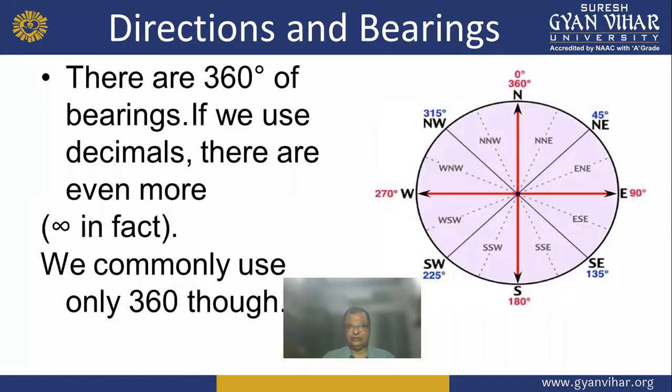Now direction and bearing. There are 360 degrees of bearing. If you use decimals, there are even more, but we commonly use only 360.